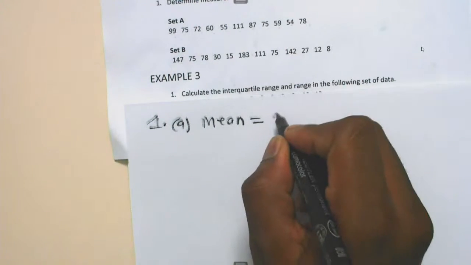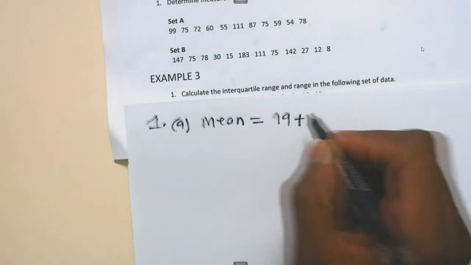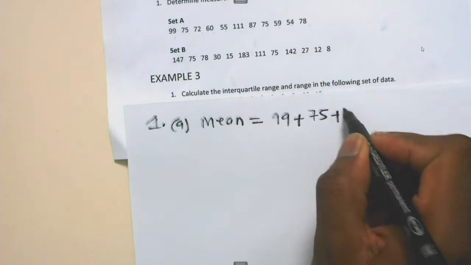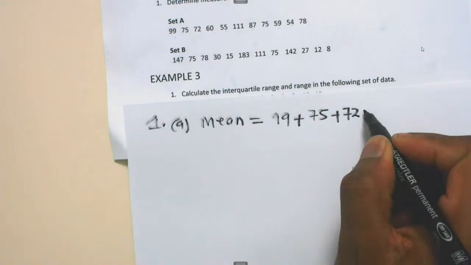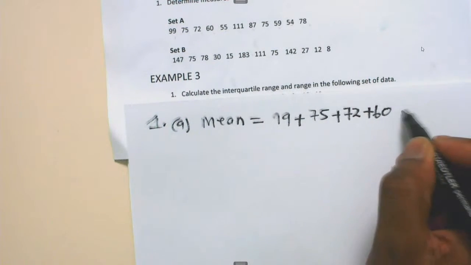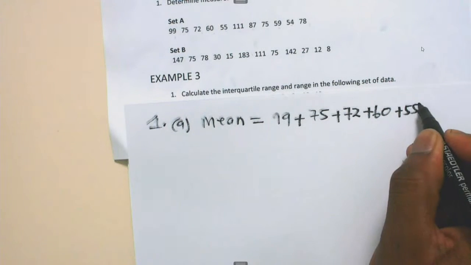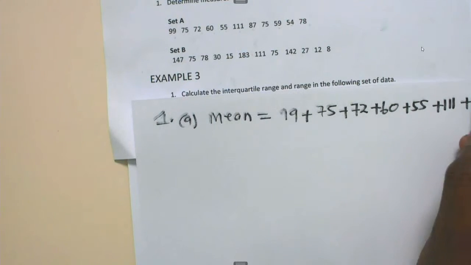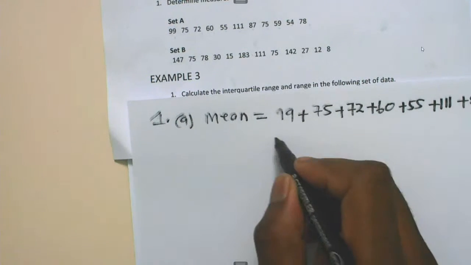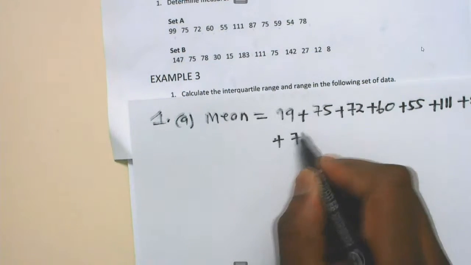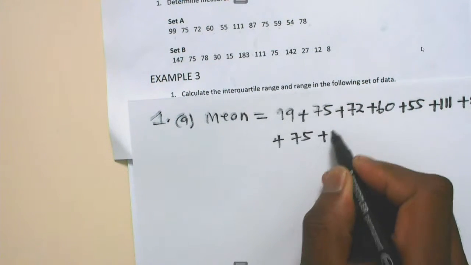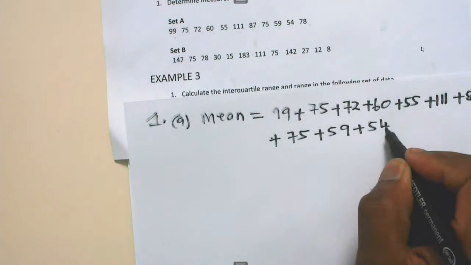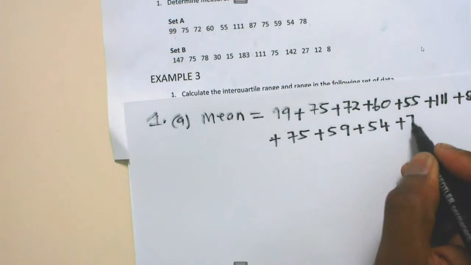So it's going to be 99 plus 75 plus 72 plus 60 plus 55 plus 111 plus 87 plus 75 plus 59 plus 54 plus 78.